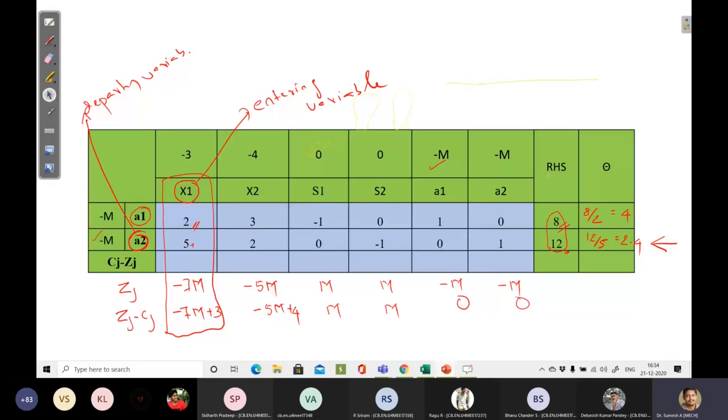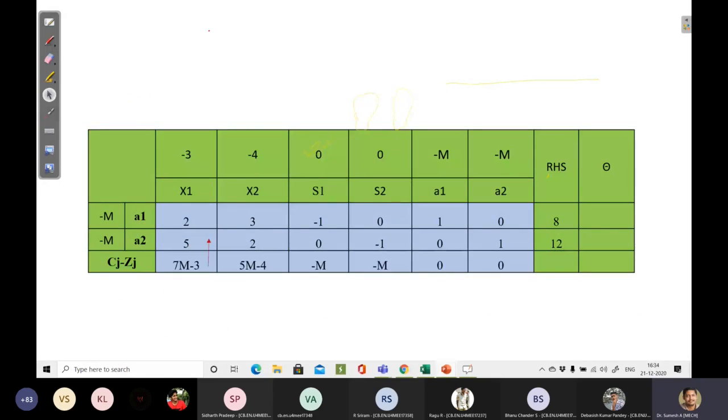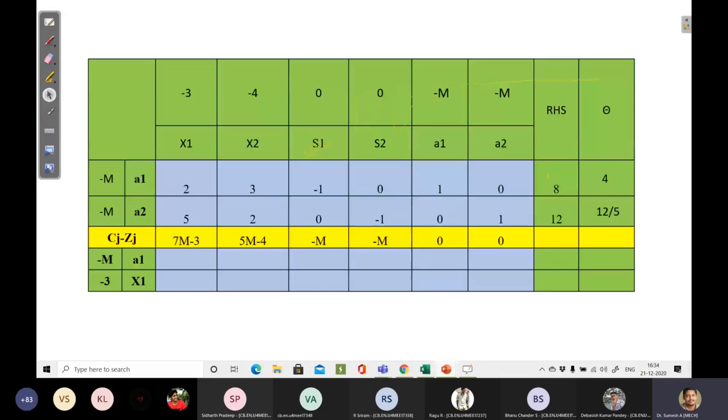Is this clear or any doubt in this? No, sir. Okay. So in the next iteration you can see A2 is replaced by x1.